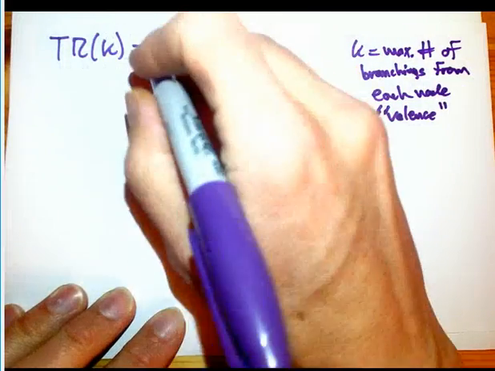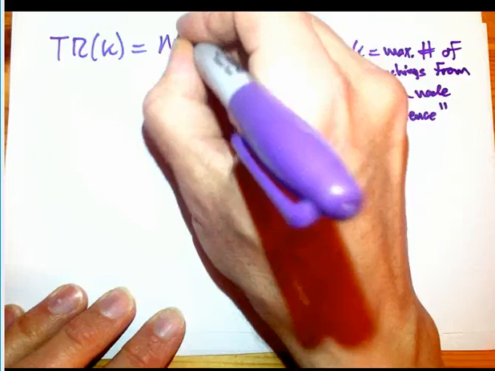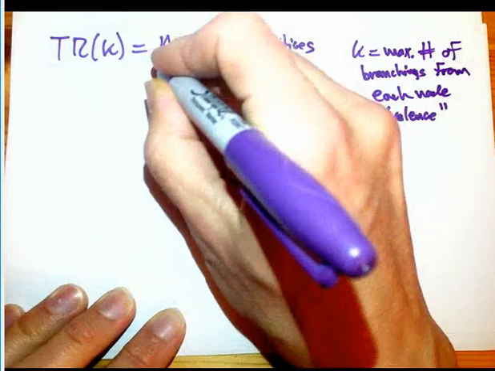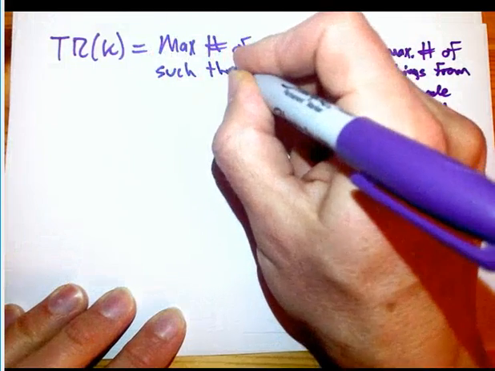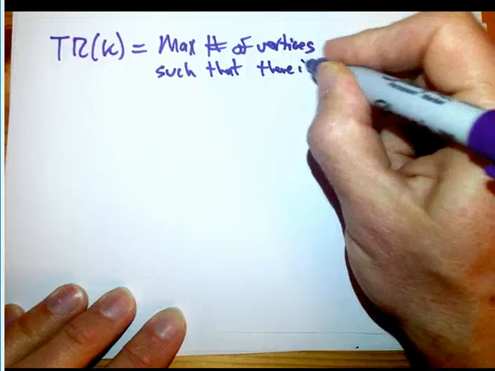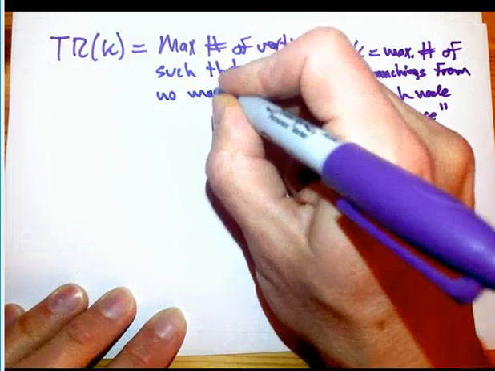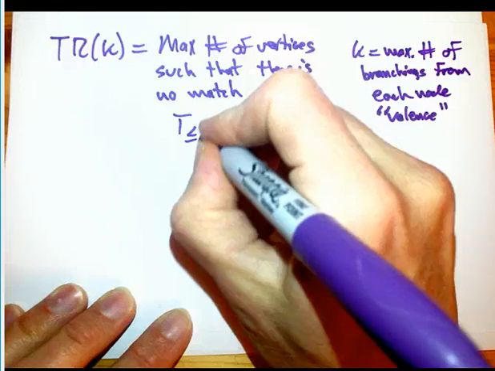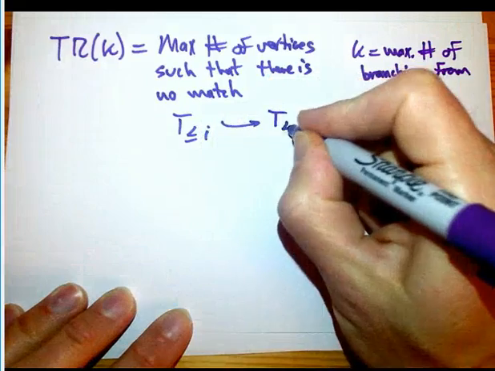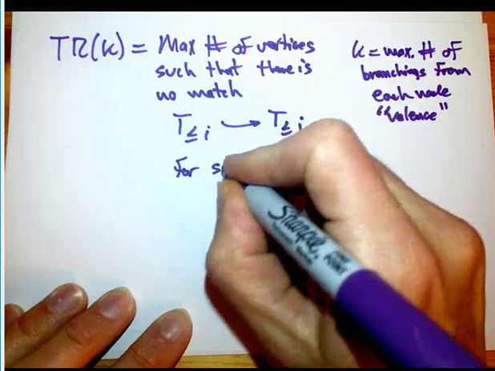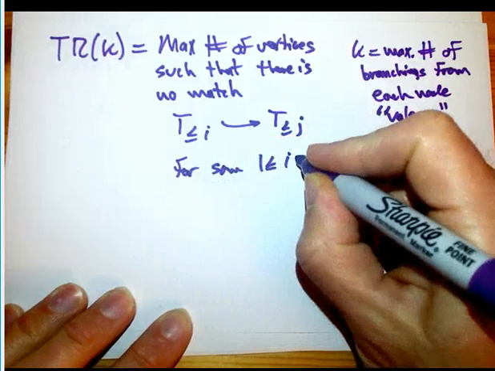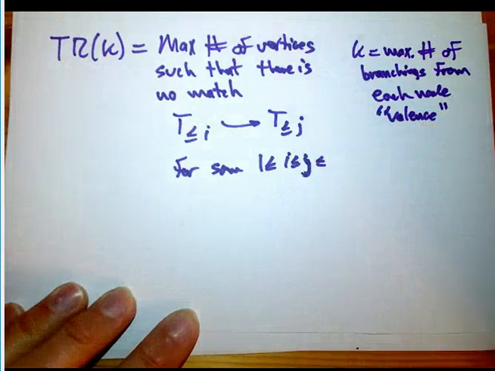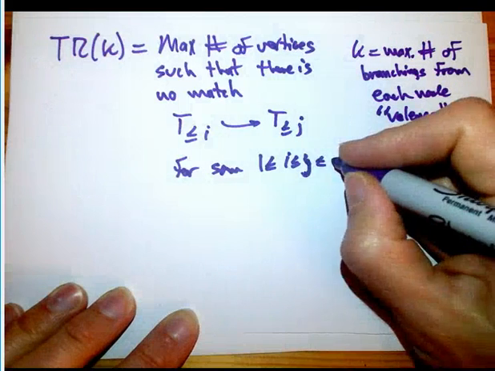Okay, so this is going to be the max number of vertices such that there is no match, and match meaning inf-preserving embedding, from T less than or equal to i into T less than or equal to j for some 1 less than or equal to i less than or equal to j, and certainly less than or equal to, let's call it the rank of the tree.